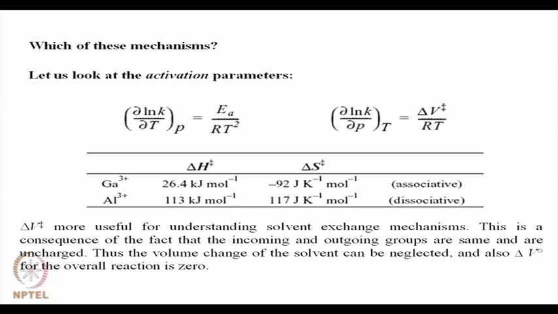So, looking at the sign of this delta S activation, we can see that the first case of gallium is the associative one. Why is it associative? Suppose we have got two entities of this sort. They are different.